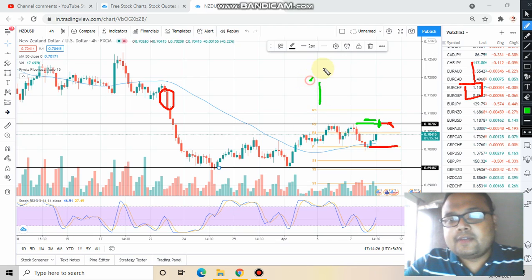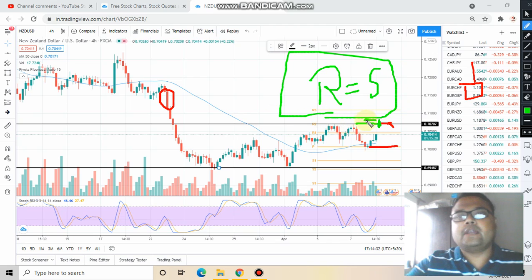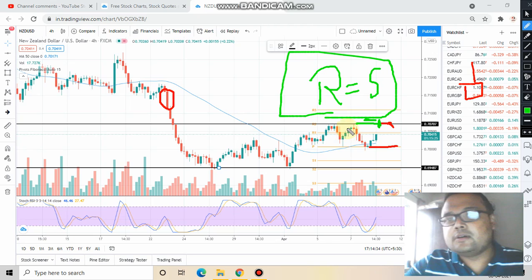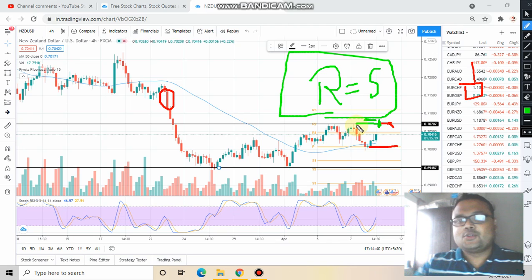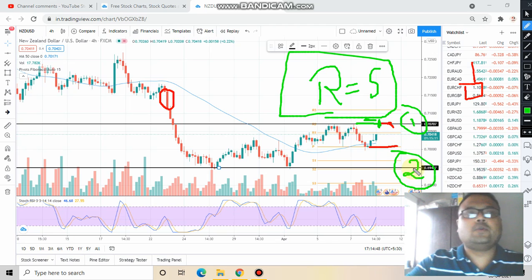Then you'll get a confirmation that the resistance has become the support now. And once the resistance becomes the support, you can easily go for a buy, because you got your area of value. So these are the two trading entry levels, 1 and 2, for New Zealand dollar, US dollar.